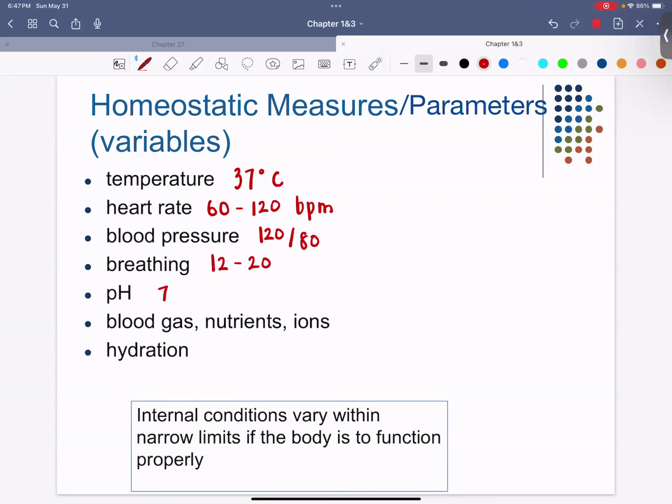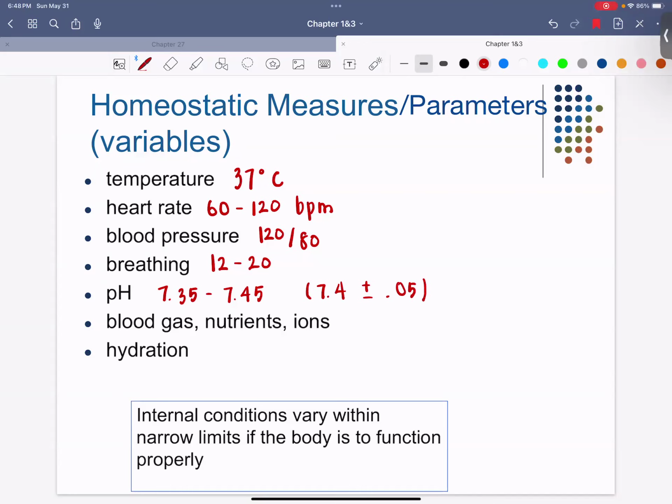pH, you'll learn about the pH of arterial blood ranges a very narrow range, between 7.35 and 7.45. So 7.4 on average, plus or minus 0.05.